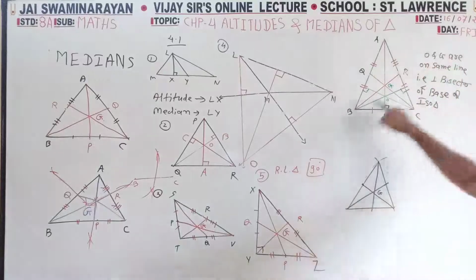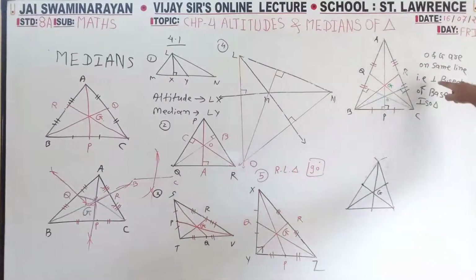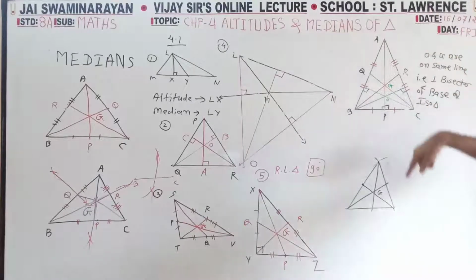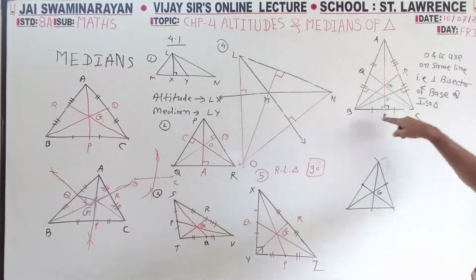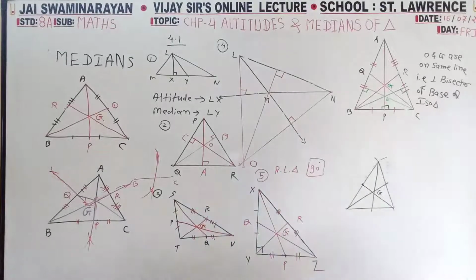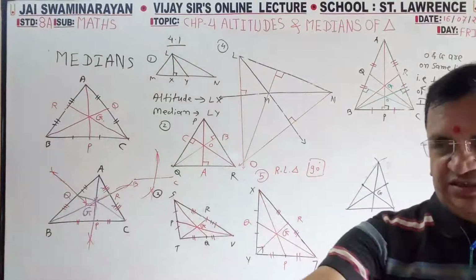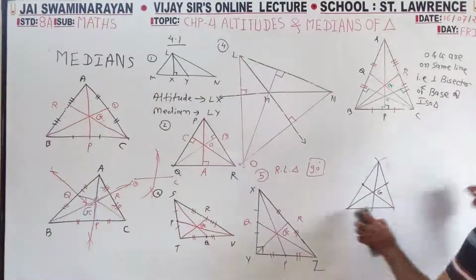O and G are on the same line. Which line? Perpendicular bisector. It is perpendicular also, bisector also, of the base of the isosceles triangle. That one I have given just as an idea.